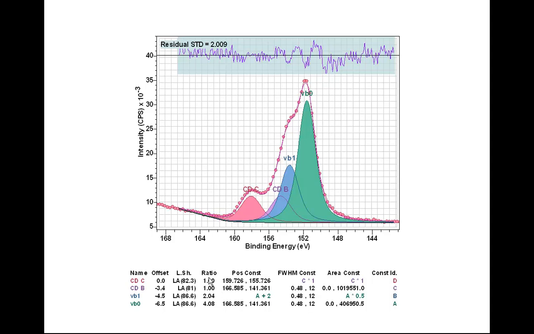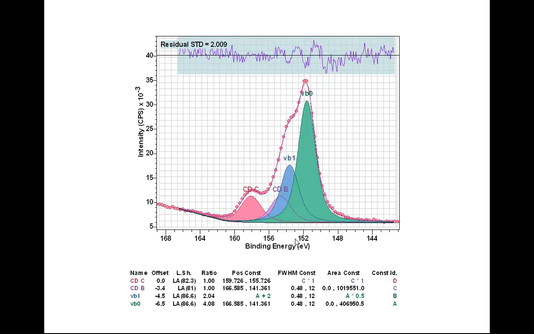And this is important because these ratios and these offsets are what determine our interpretation of chemical state and structure of a chemical compound.